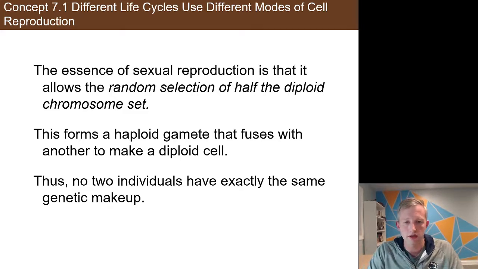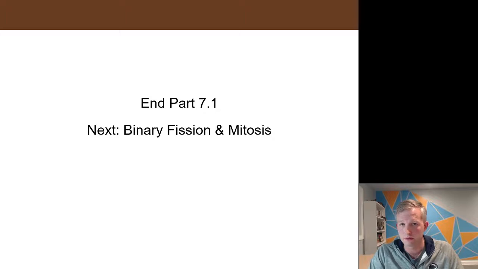So clearly it works. Now, you could also make the argument that the fact that we can find bacteria on like every surface around us also kind of speaks pretty well to the success of asexual reproduction as well. So, at the end of the day, if a living thing is here today, it's been pretty successful for billions of years. That is the end of this little brief intro.